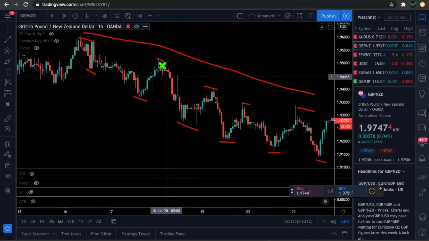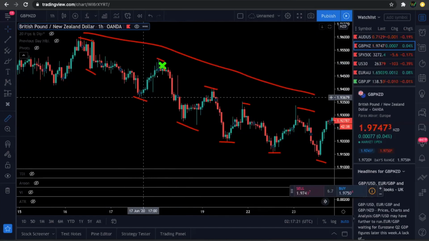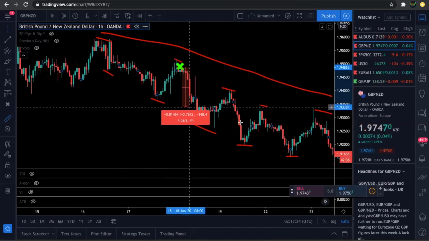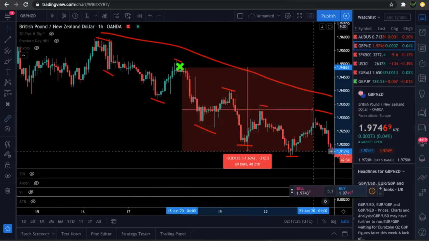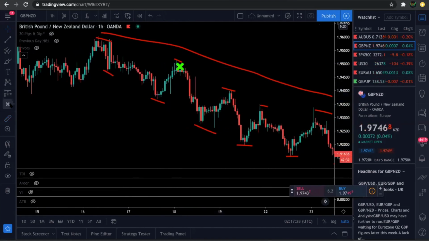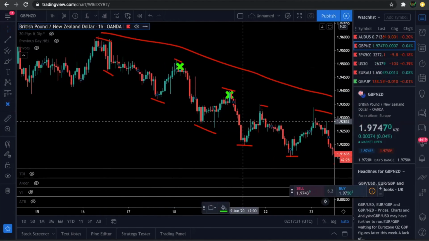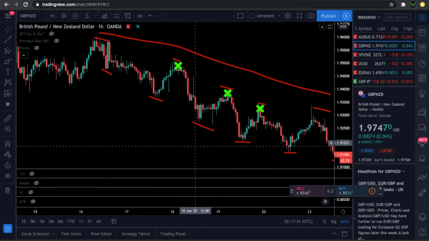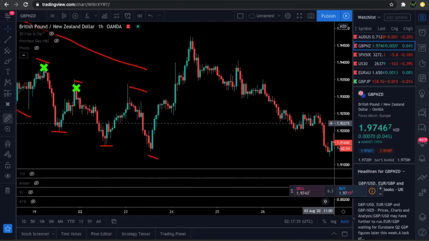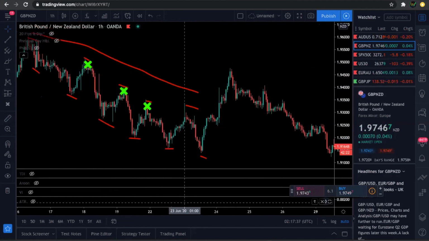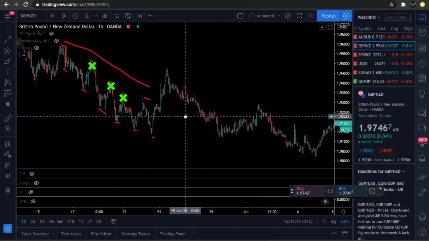We could sell right here. We could have rolled this out the whole time, or we can wait for other entries, okay? Like right there, all right? And right there. Now, how will we know to get these entries on these downtrends and uptrends?